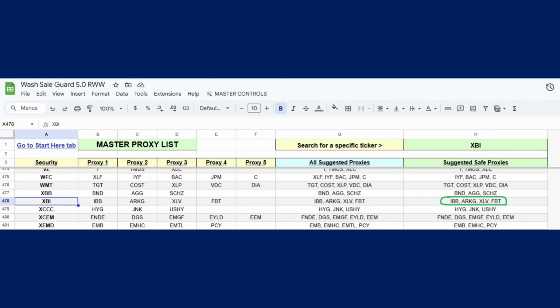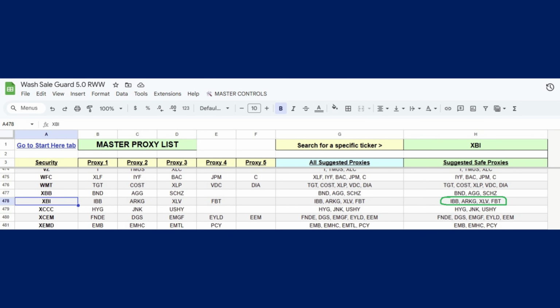So what Mark can do to help reduce his short-term capital gain tax of $7,000 on IWI is to exit IWI and perhaps replace it immediately with DGRO, a little bit more conservative style of investing there. But then as far as XBI is concerned, he has a paper loss of $15,000.